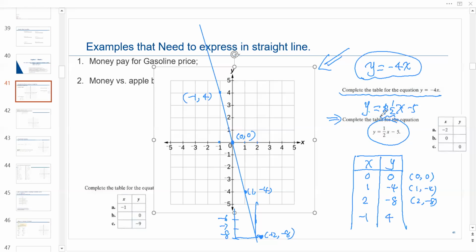This is the total money you pay, and they give you a $5 discount. And so that is the money you need to pay, right? So they have this kind of relationship. What do we need to do here? We can also use graphing methods, or use the x y methods to find out.